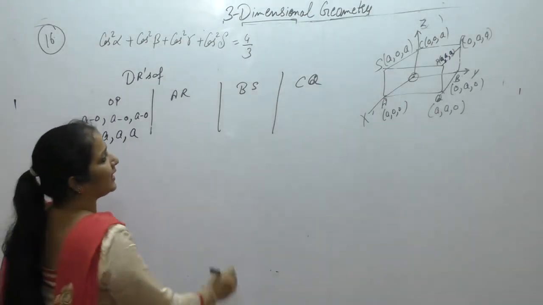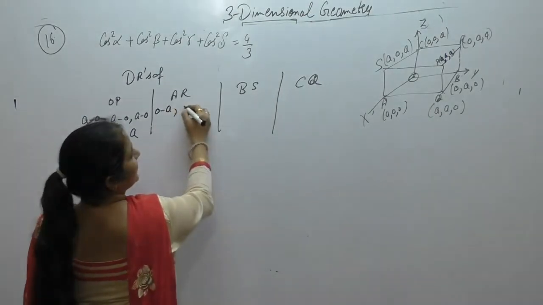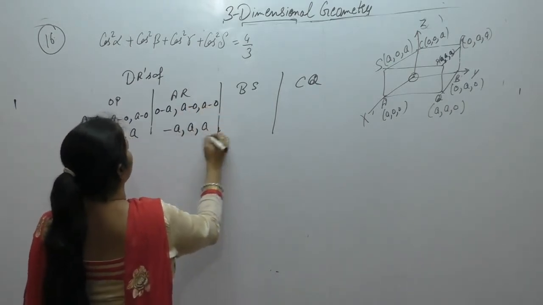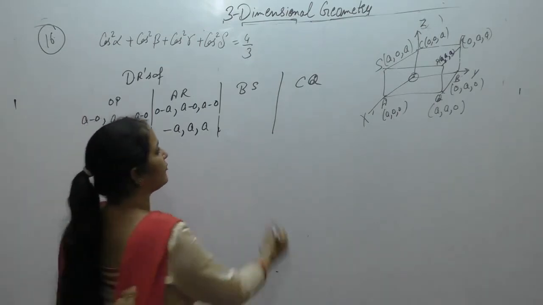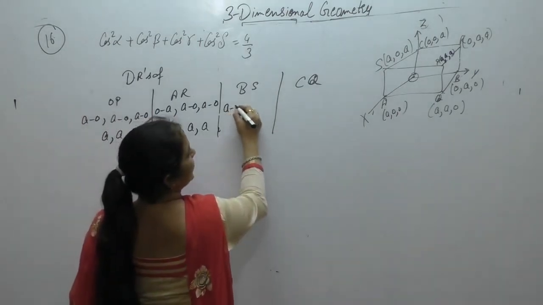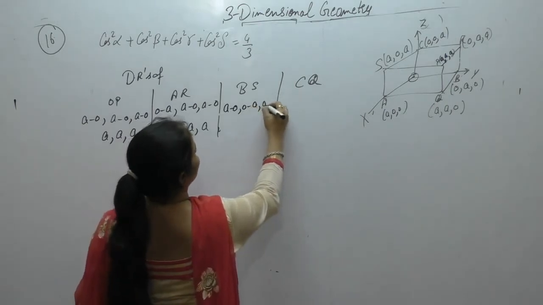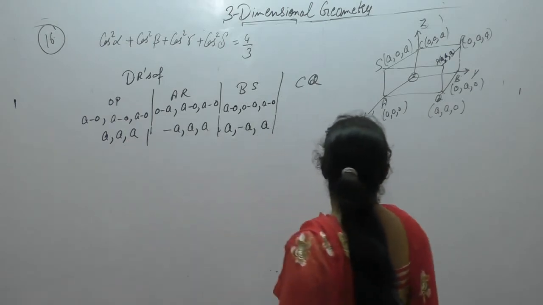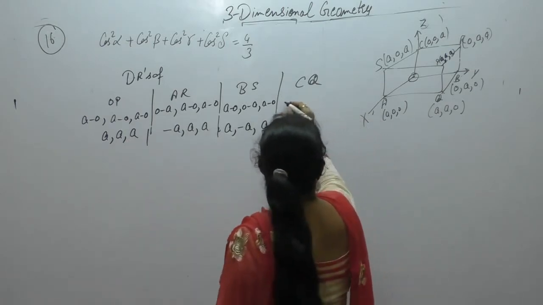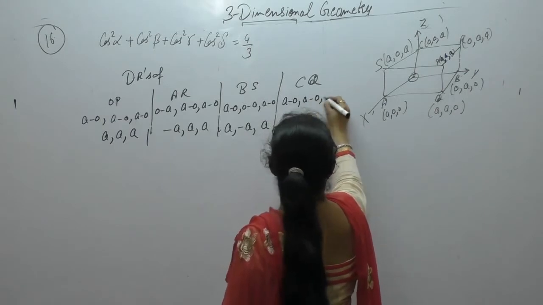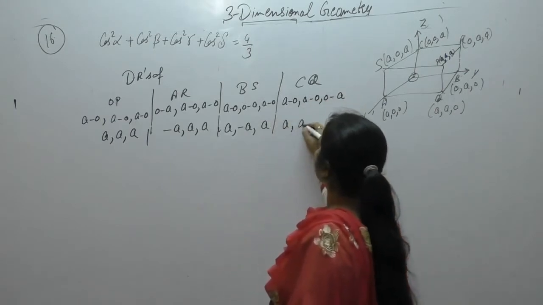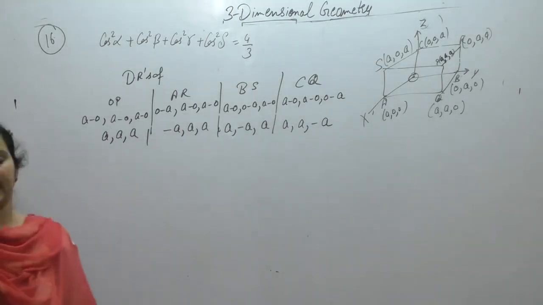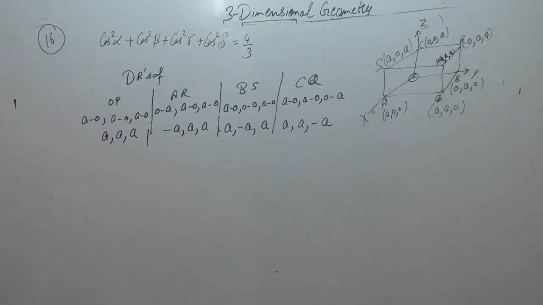Direction ratios of AR are 0 minus a, a minus 0, a minus 0, that is minus a, a, a. Direction ratios of BS are a, 0 minus a, a, that is a, minus a, a. For CQ, Q is (a, a, 0), so a minus 0, a minus 0, 0 minus a, that is a, a, minus a. Direction ratios of OP, AR, BS and CQ are proportional to these.